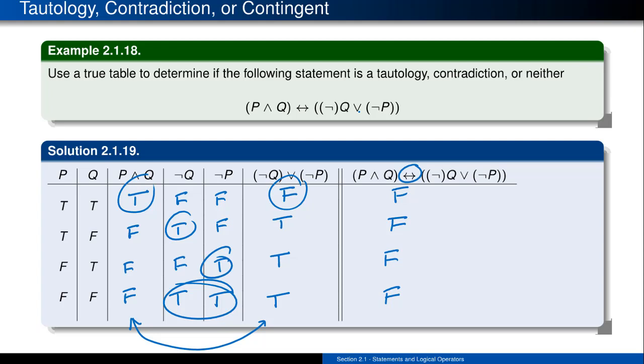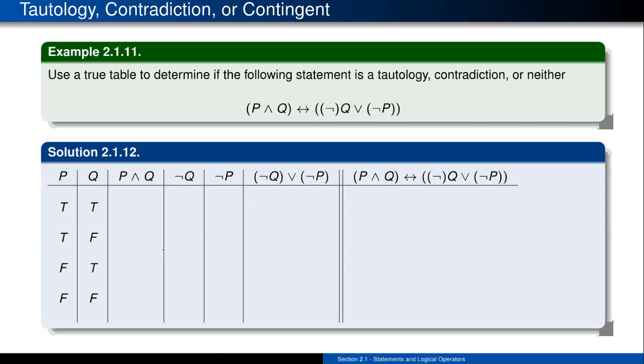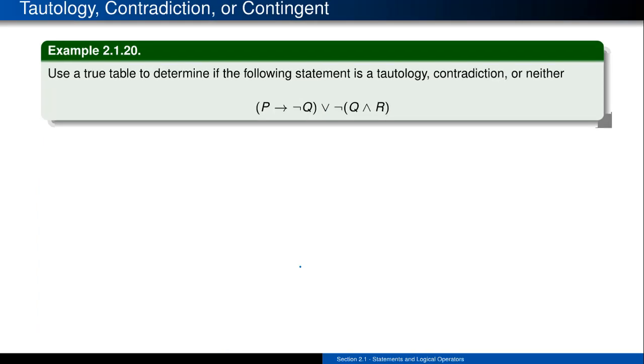But that's for the next chapter. We'll see a little bit more of what's going on in that. But there's a reason why this exact situation is becoming bad. Why I'm having falses all the way across is because those two things actually are negations of each other. And you're not ever going to have those things perfectly match up because one is in fact the negation of the other.